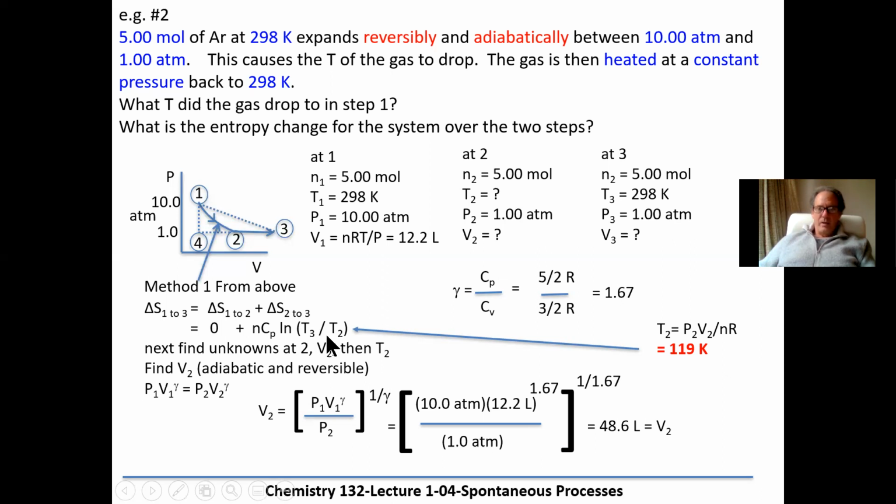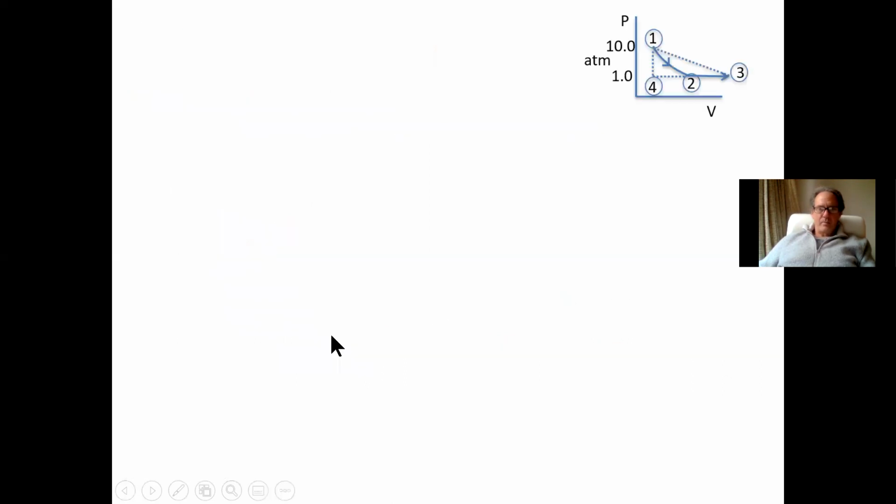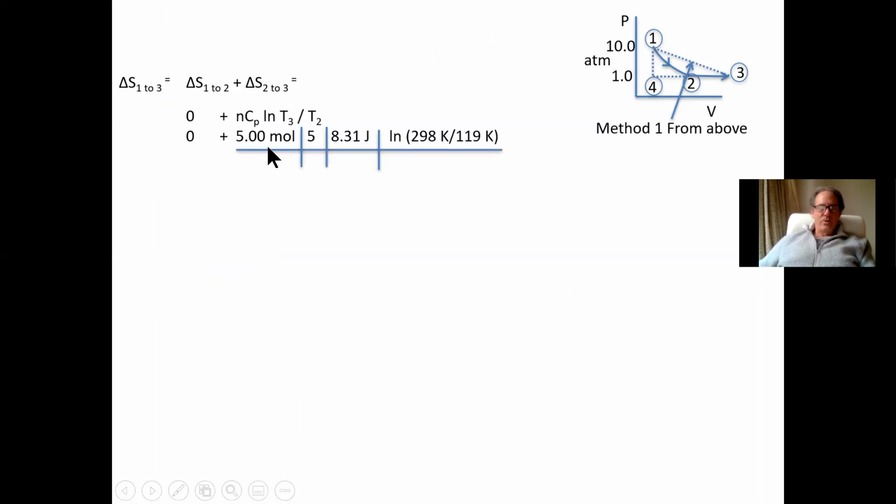We know T3, it's 298 K. We can substitute in that equation now. We know there's 5 moles of gas. We know Cp is 5 halves R. We know the ln of T3, 298, over T2, 119. And we end up with 95.7 joules per Kelvin.